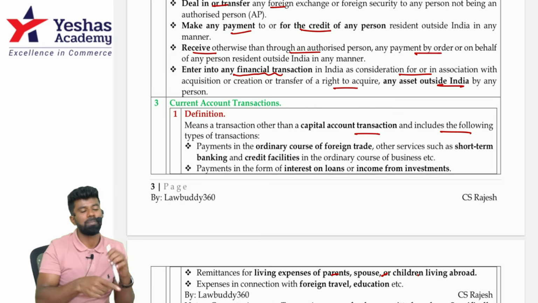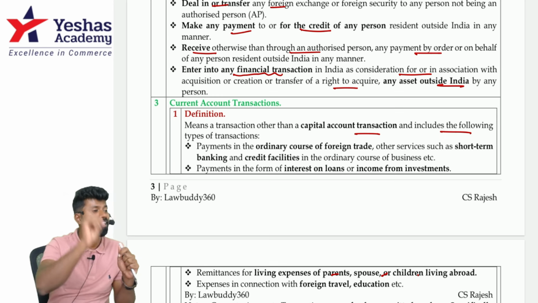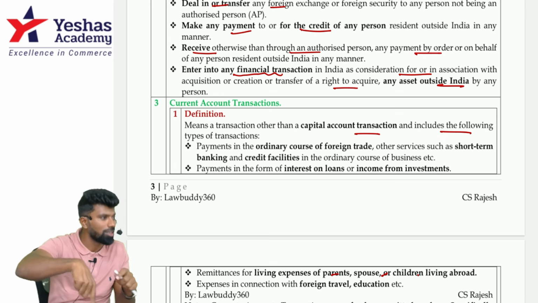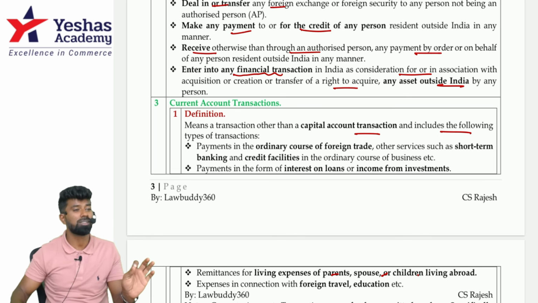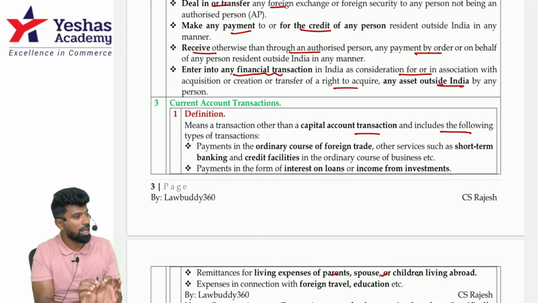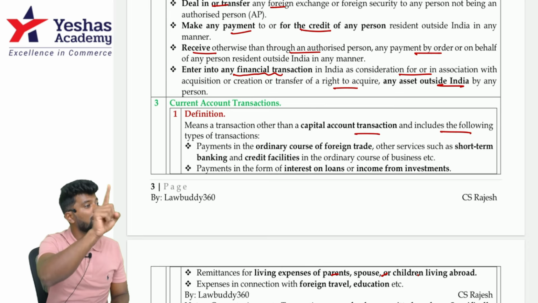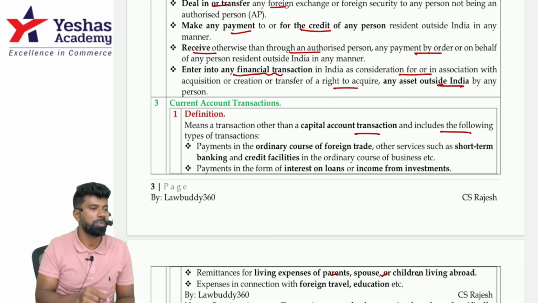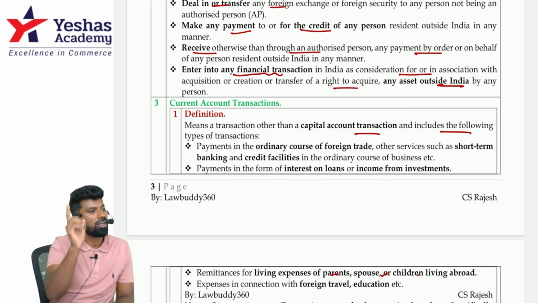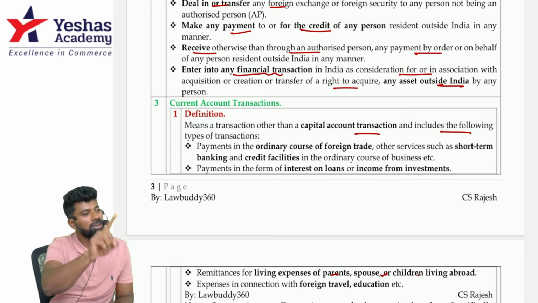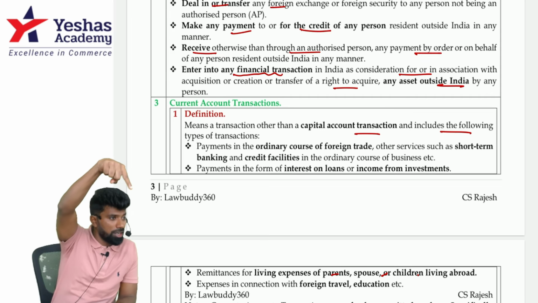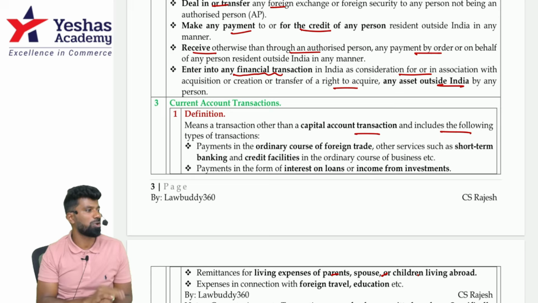It's a business. See, the definition of asset is different from the accounting concept. Which concept is it? The FEMA concept. Simple, say simple. Keep this in mind. Any transaction which alters the asset or liability of a person resident in India, where outside India, is called a capital account transaction.